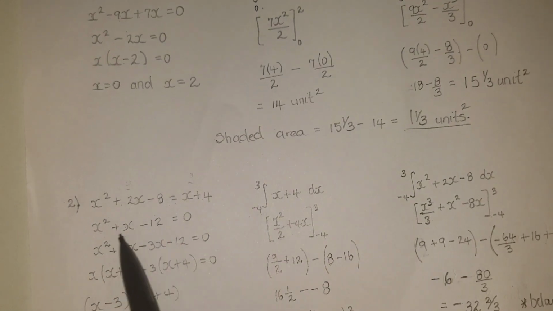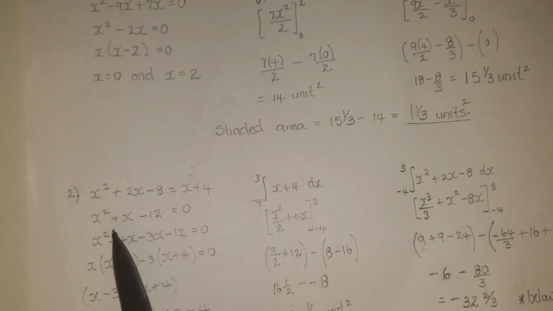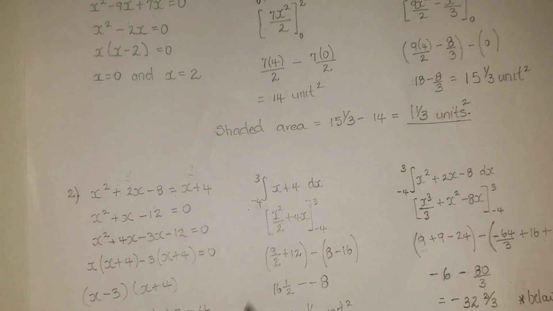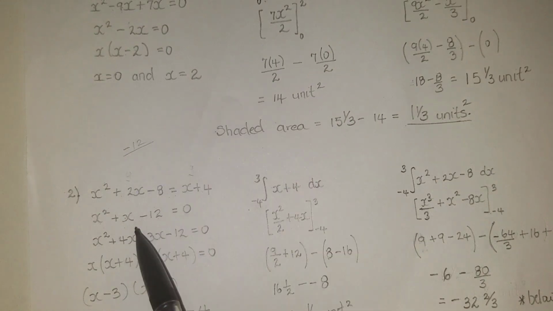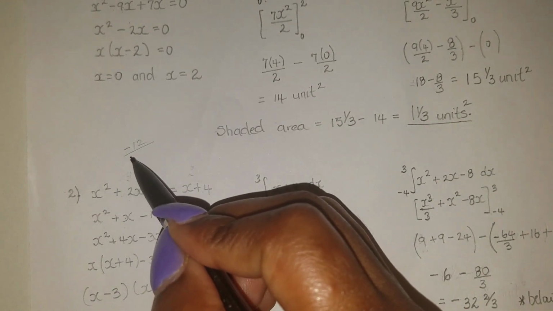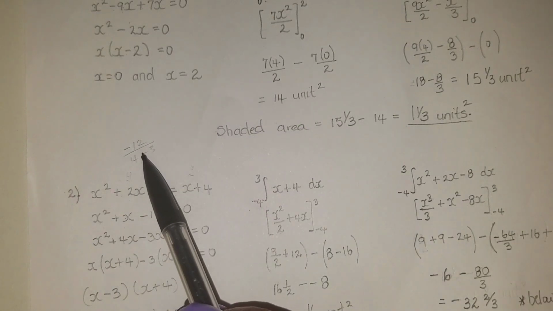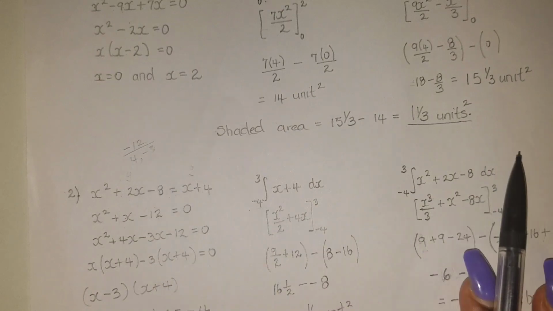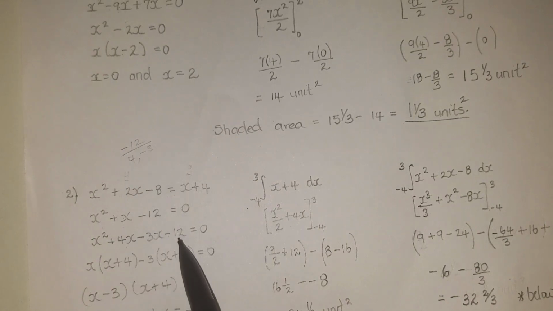So we're going to solve this quadratic to get the values of x, which correspond to our upper and lower limits. Now, 1 times negative 12 is negative 12. We need factors that will give us 1. Those factors will be a positive 4 and a negative 3, because 4 minus 3 is 1, and 4 times negative 3 is negative 12. So now we have x squared plus 4x minus 3x minus 12.